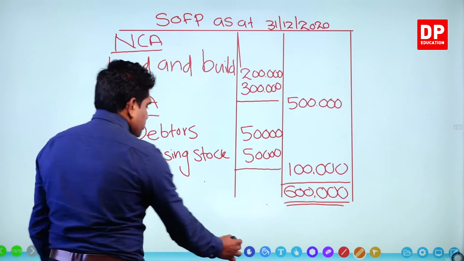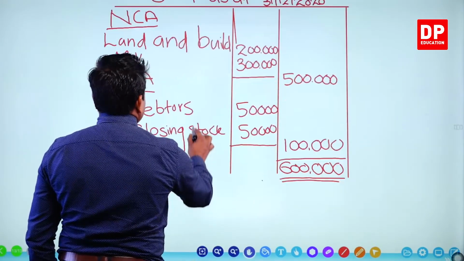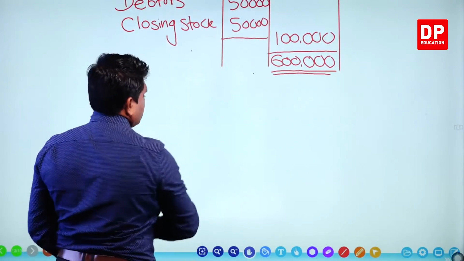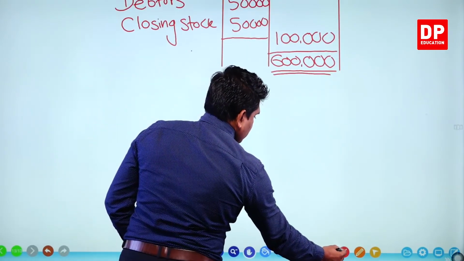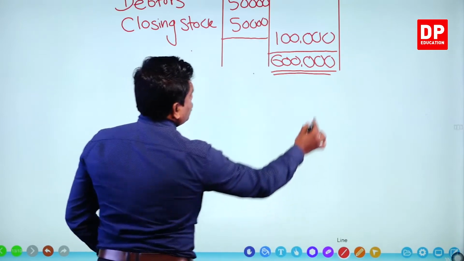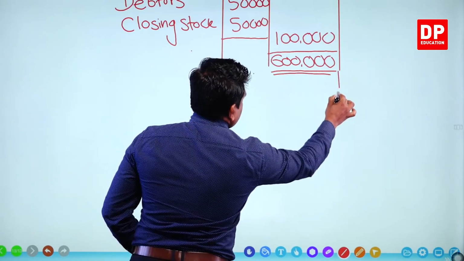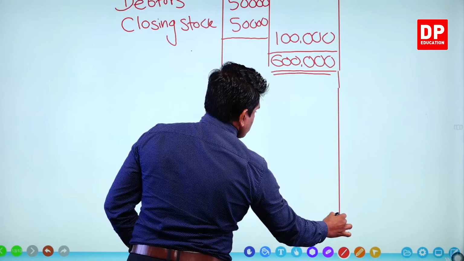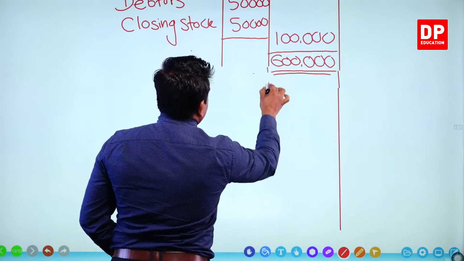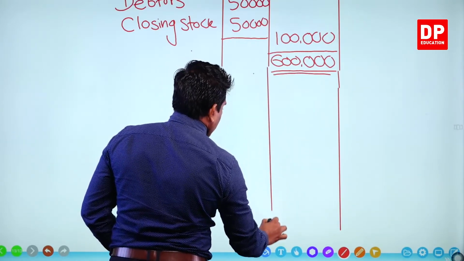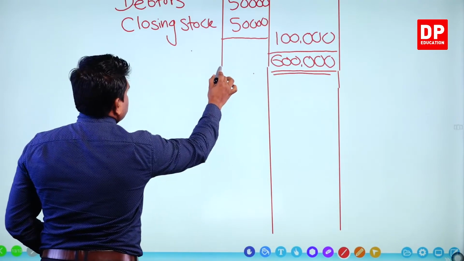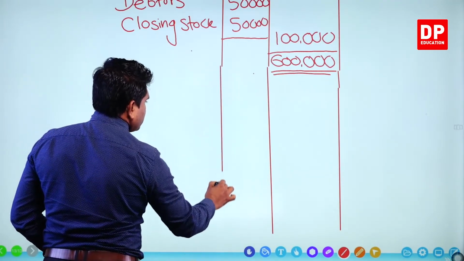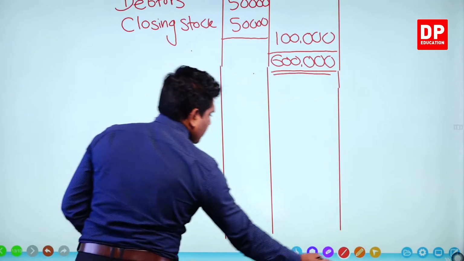Now you see here how to expand this. Remember, in this area, we are going to record what? Capital and liabilities, right?